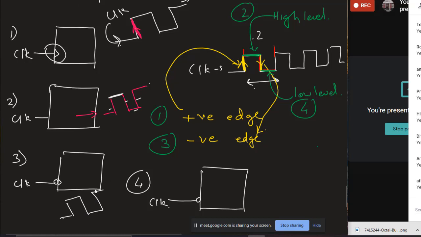And similarly in this case the low level clock will change the output according to the input condition when the clock is at this state. ये white वाला state जो है, यहाँ पे जब clock present रहेगा तभी आपका output change होगा according to the input condition. Is this part clear?